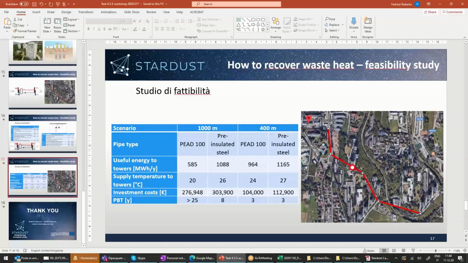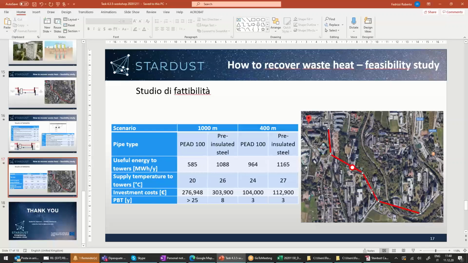In this calculation, just to be on the conservative side, we consider the supermarket sells waste heat to the network for a very low price.